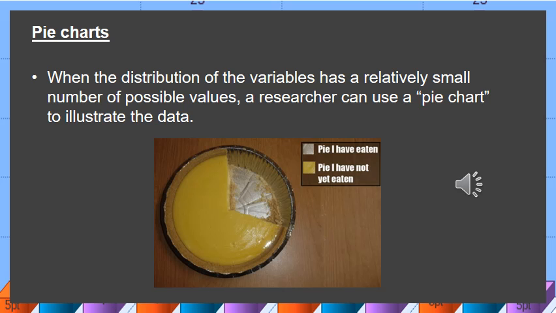So here, each member of the Canadian population has only one blood type, and no one has no blood type. So the whole population is represented here, and we have only four blood types. So a pie chart would be a very good way to illustrate this categorical variable.